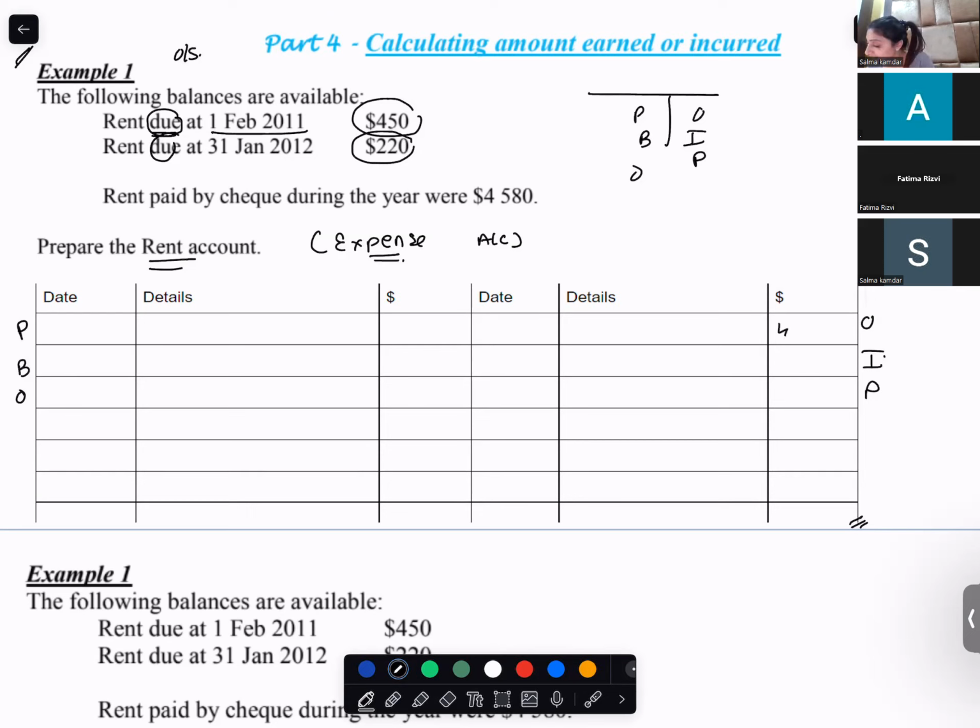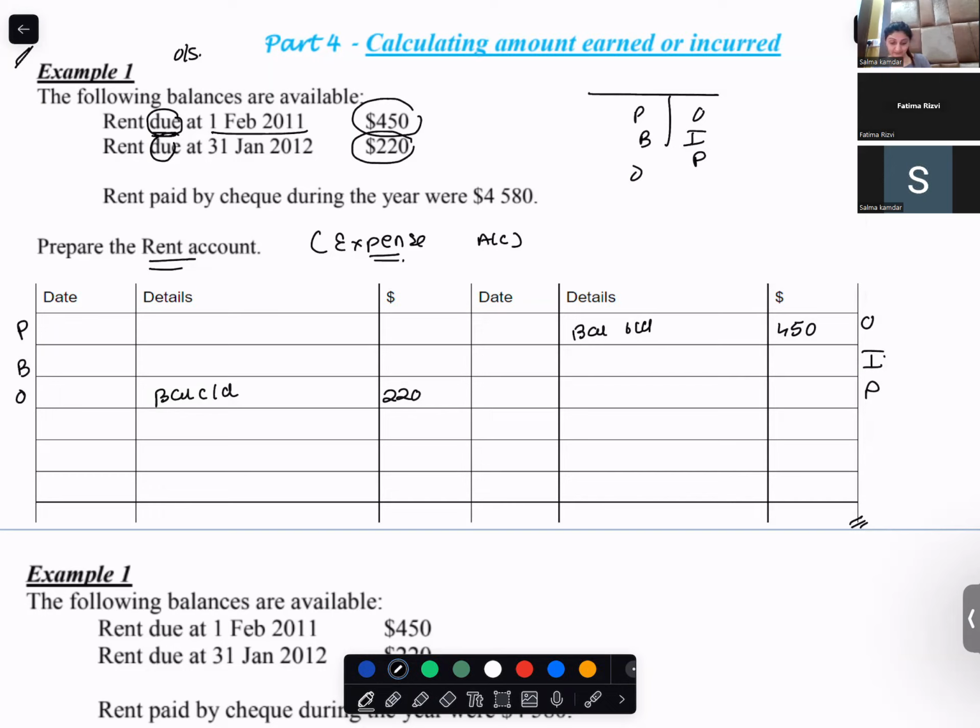Miss, are you sharing your screen? Yes, I am sharing my screen. One is outstanding on the first date, the other is outstanding on the last date. This is balance brought down and this is balance carried down. Are you with me? Now, what date will you write? 2011 Feb 1.